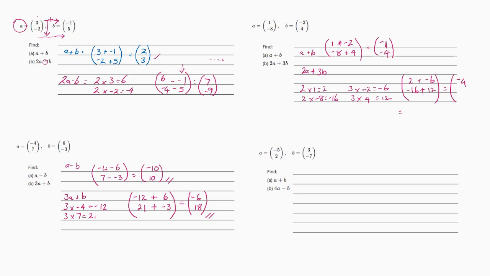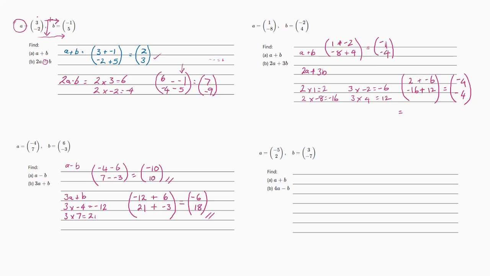And -16 plus 12 is again going to be -4. So even that's not tricky. It's just adding an extra step where you're having to do something to both A and B.